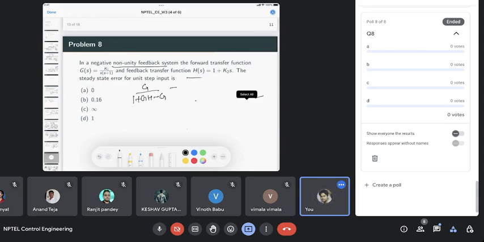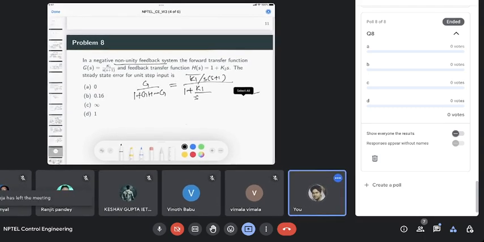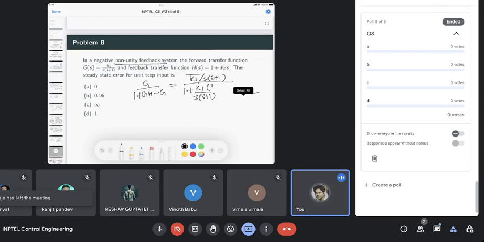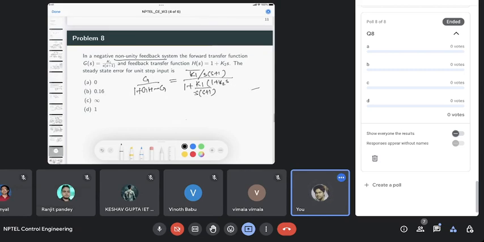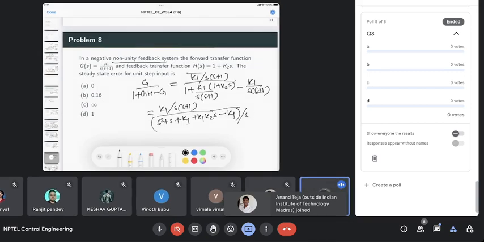So you are given G to be K1 by S into (S plus 1), plus GH, K1 by S plus 1 times (1 plus K2S), minus K1 by S into (S plus 1). So it will be K1 by S into (S plus 1), so you have S square plus S plus K1 plus K1 K2 S, minus K1 by S into (S plus 1).